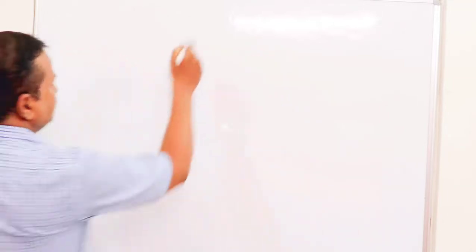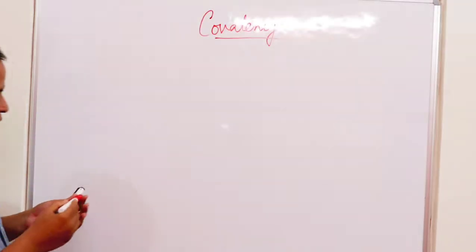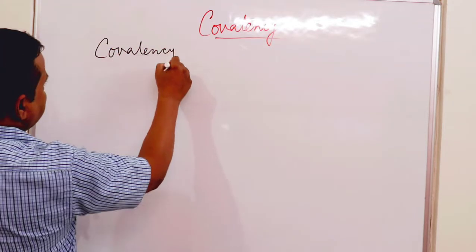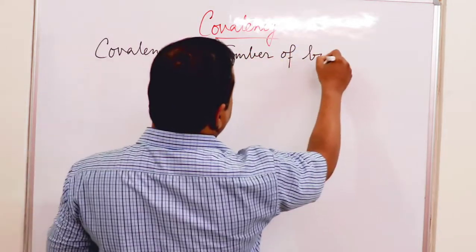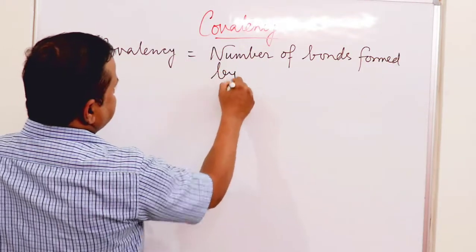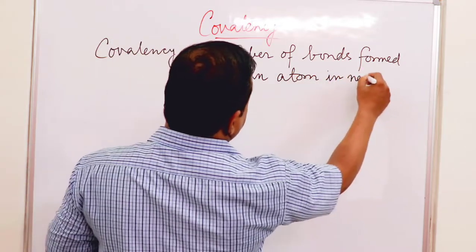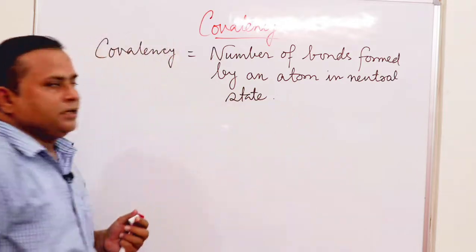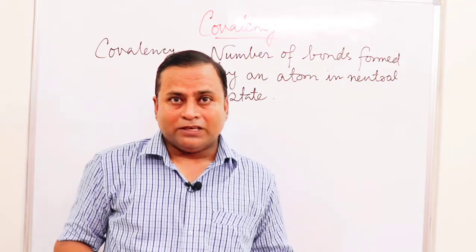So the topic, covalency. In simple terms, covalency means the number of bonds formed by an atom in neutral state, but some atoms can also show covalency in excited state.